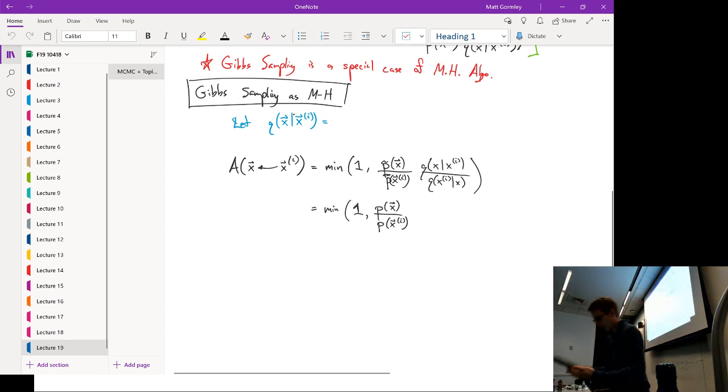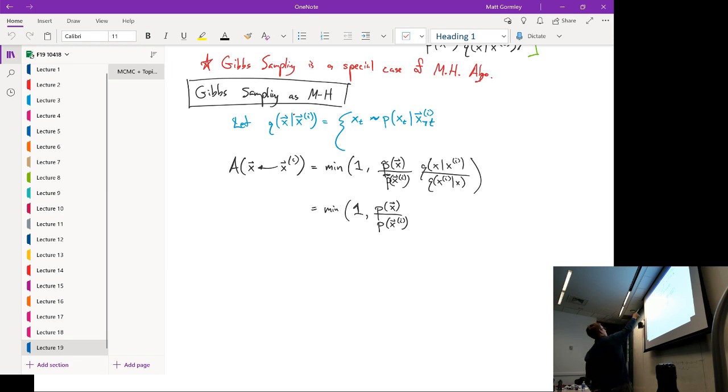I'll use some horrid notation to say that what we get back is a combination of things: xt is randomly sampled from the full conditional, so xt given xi for all of the variables that are not t.